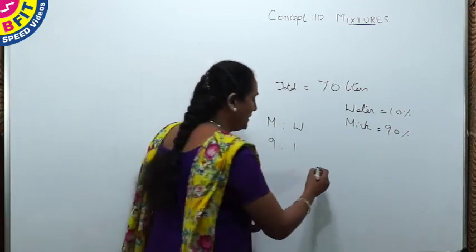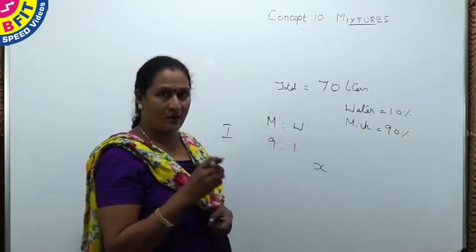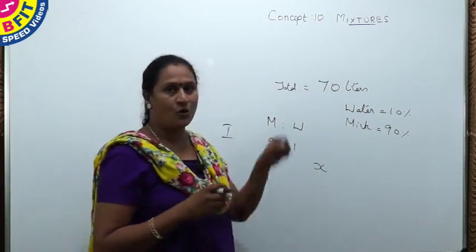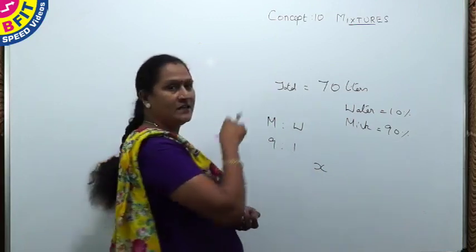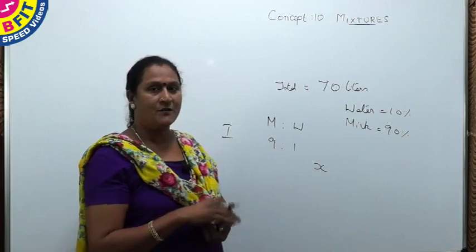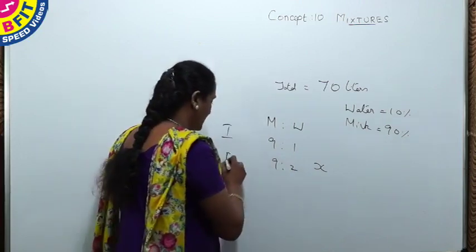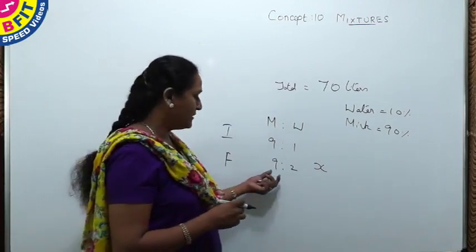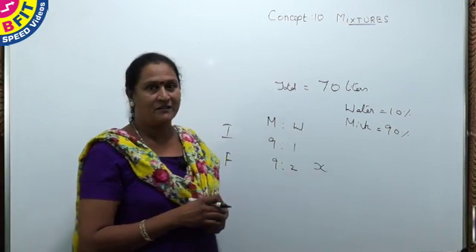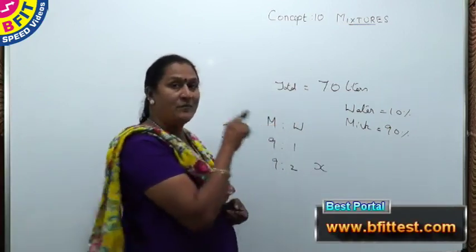And now how many liters of water should be added? As the quantity of water is asked, write this x on the water side. So after adding x liters of water to this 70 liters, the ratio becomes 9:2. The final ratio is 9:2. So you have to remember that this 9:2 is not in the 70 liters. So when you add x liters, the quantity will become 70 plus x liters.